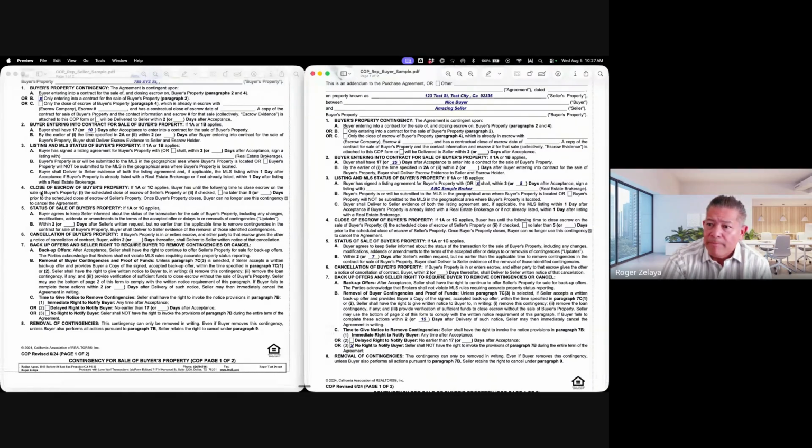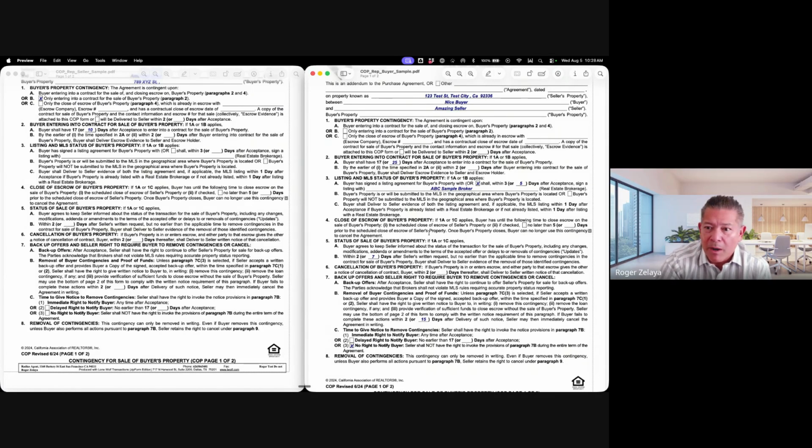Close of escrow, right? I'm representing the seller on the left, and I'm going to leave this blank, which basically says if 1A or 1C applies, buyer has until the following time to close escrow on the sale of the buyer's property, the scheduled close of escrow, which is what I want, or no later than 5 days. But I didn't check it because I want to keep the file moving forward, right?